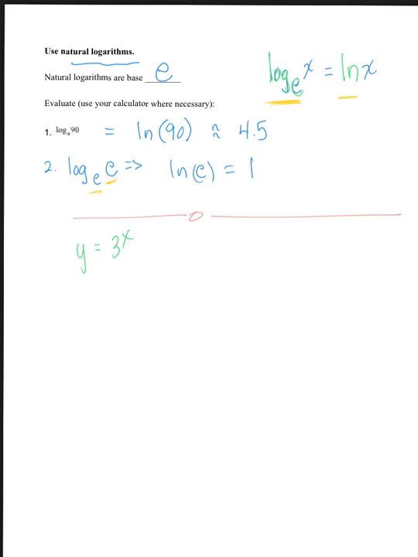The corresponding logarithmic function, if I were to take the inverse of this, I could have y equal log base 3 of x, and I'll put the argument input in parentheses. So I could come up with a table of values, and I could graph each of these. I'll do a quick little sketch.